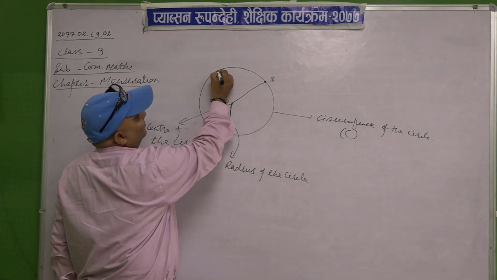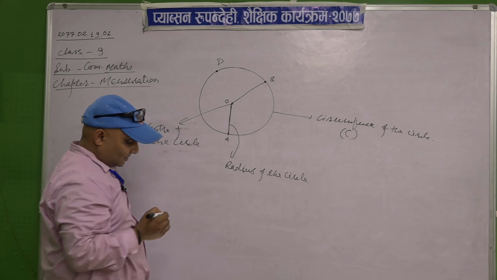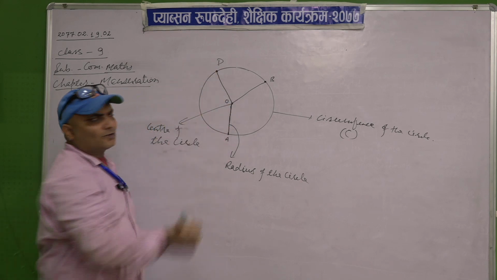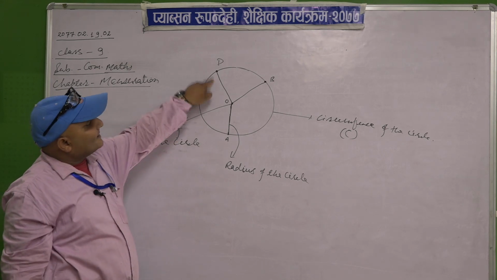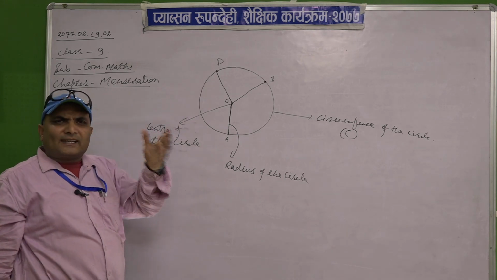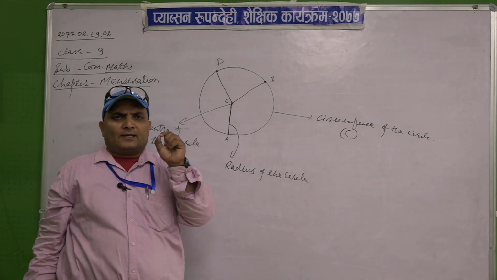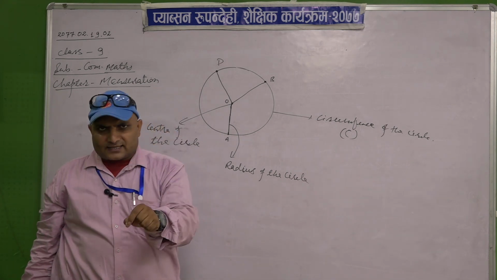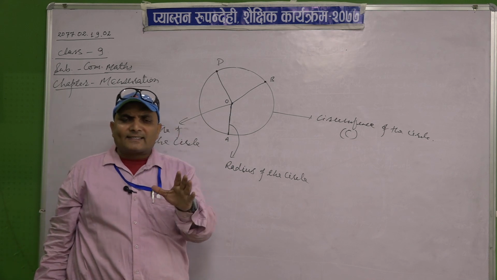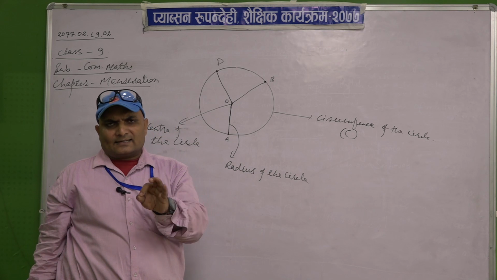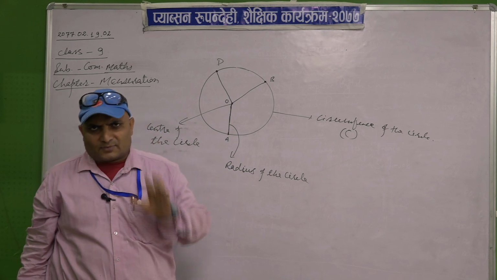Suppose you have one point D. If you join the center and this point, then this is also a radius. So in simple words, radius is the distance between the center point and the circumference of the circle.